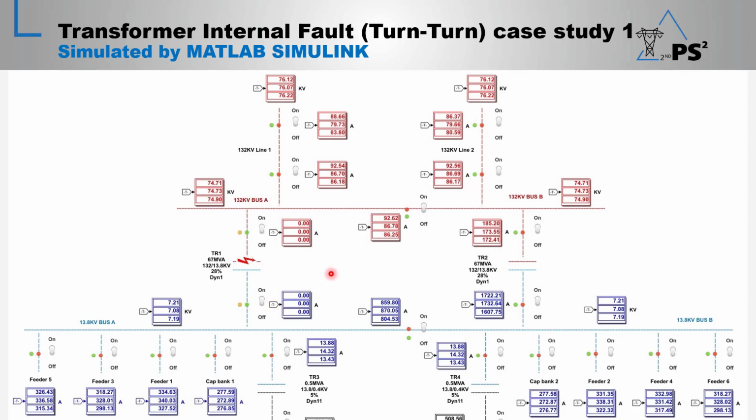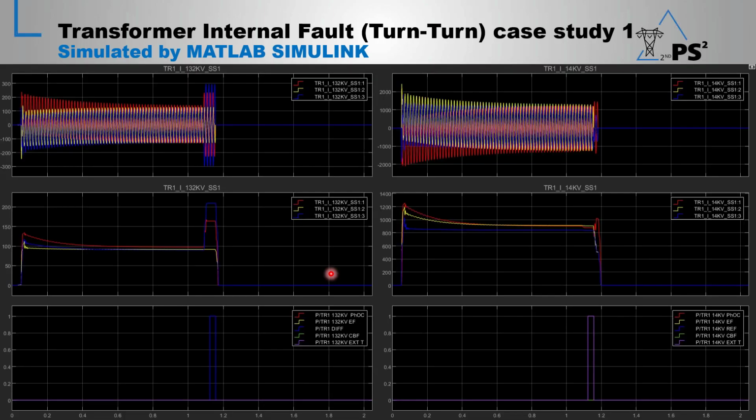In this case number 1, this fault was already exported to a Comtrade file to make it ready for relay testing, and this is the fault record of this fault. You can see the red and blue fault current in the 132 kV side, in instantaneous value and RMS value, and the same in 13.8 kV, instantaneous and RMS.